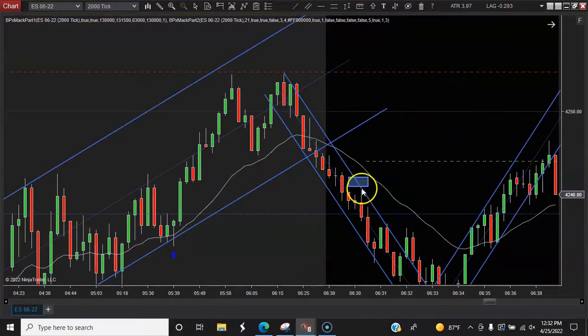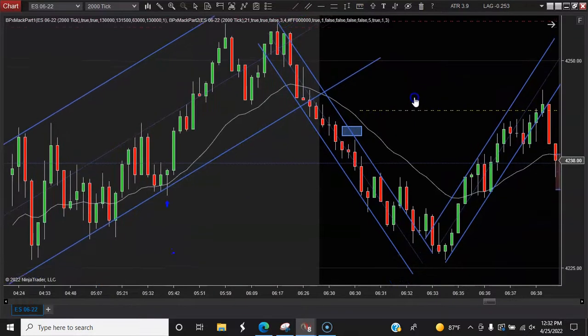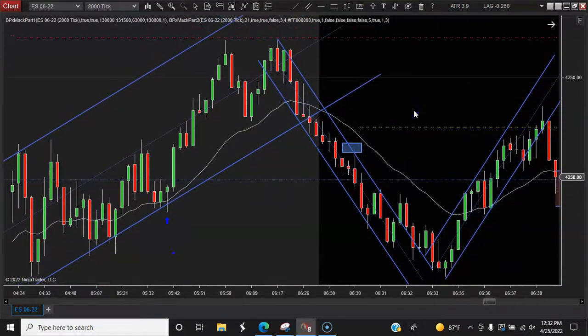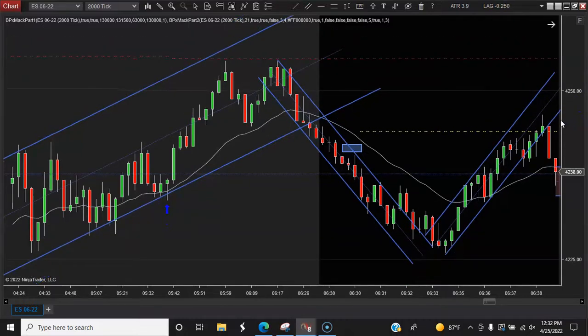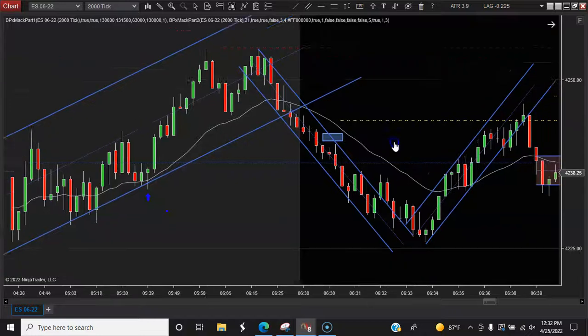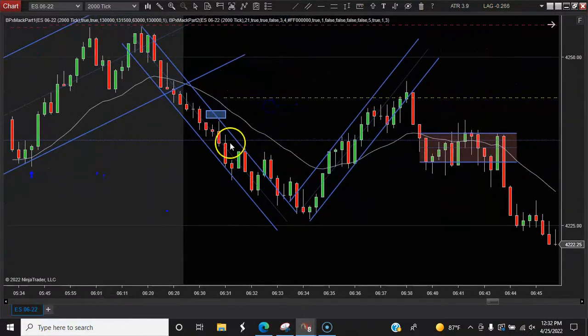And a failure occurs right here. That's very far from the EMA, though, so you might take that. I just don't want to mark it, although that does look like a first failed second entry long. And then we get these lower highs here, but the trend is starting to fade.